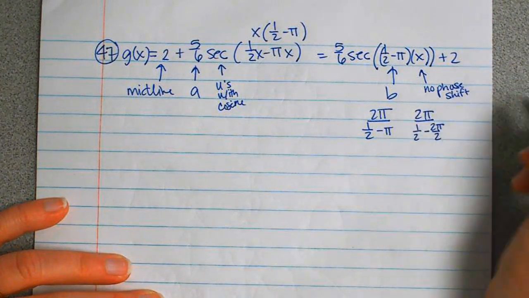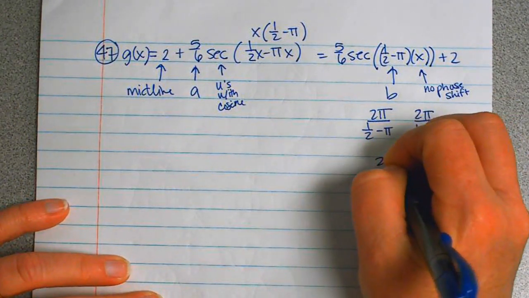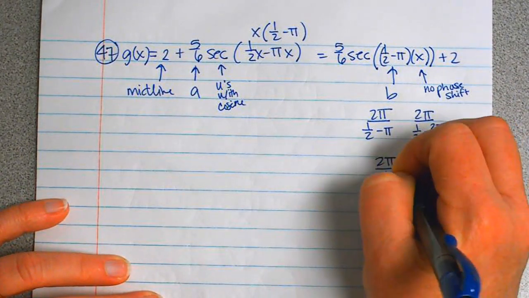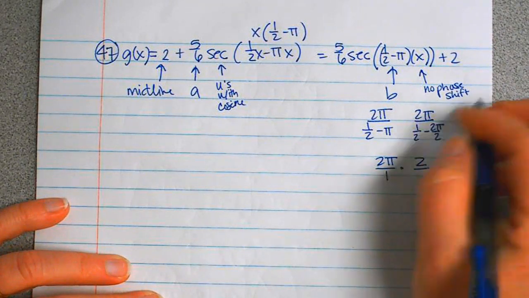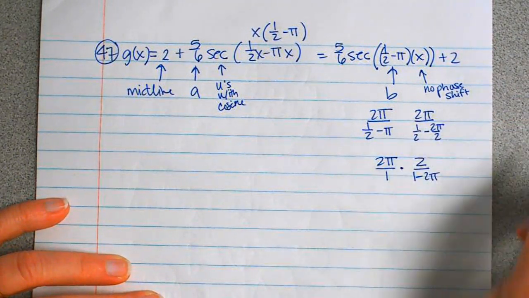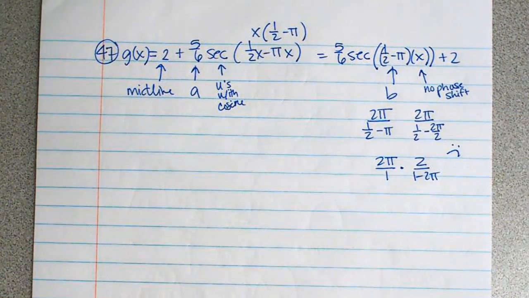If I got a common denominator, this is a layered fraction, it's really gross. 2 pi over 1 times 2 over 1 minus 2 pi. I cannot even fathom that I would give you this on a quiz.